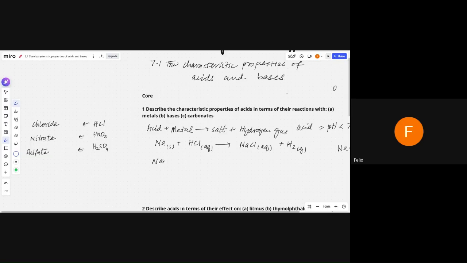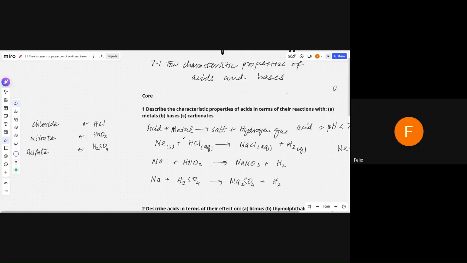Na, sodium, plus HNO3 is going to give us sodium nitrate, NaNO3, and hydrogen gas. Similarly, when sodium reacts with sulfuric acid, H2SO4, that is going to produce sodium sulfate, Na2SO4, a sulfate salt, plus H2.